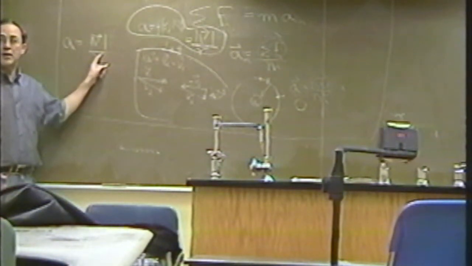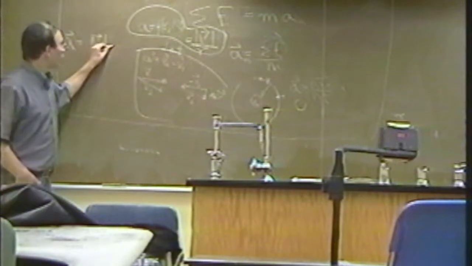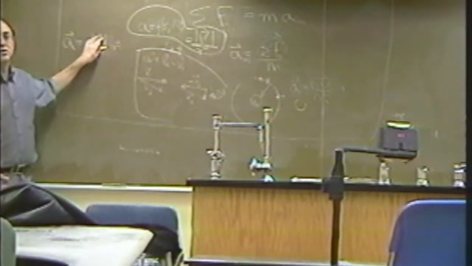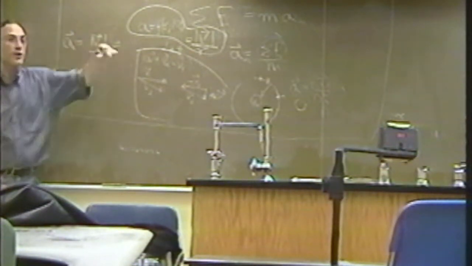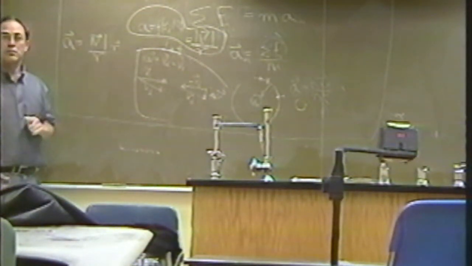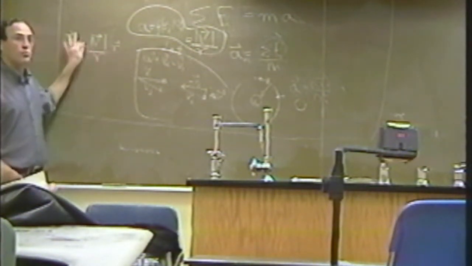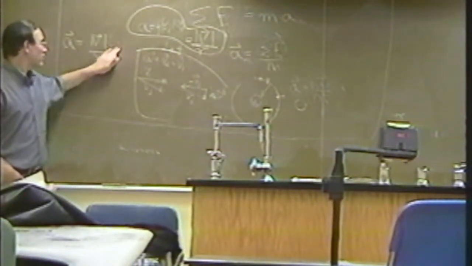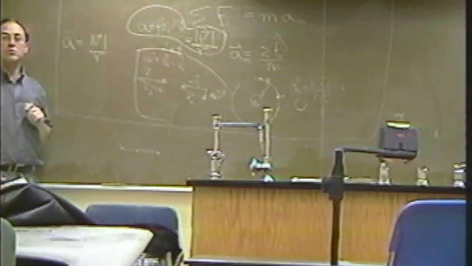If we wanted to be a little more pedantic, we would write acceleration with a little r-hat vector here, because this is a magnitude, not a vector. All this is just magnitude, and this gives the vector in the radial direction. I don't think they use that in the text. It's just to show you this would be a vector, with magnitude and direction. But we're going to forget about that in the meantime and just worry about the amount.